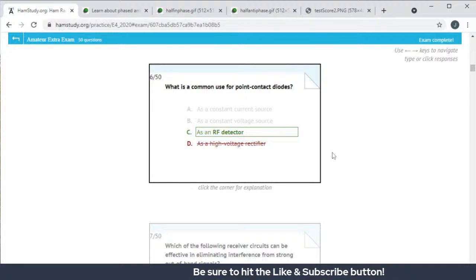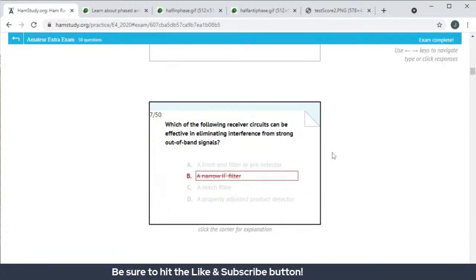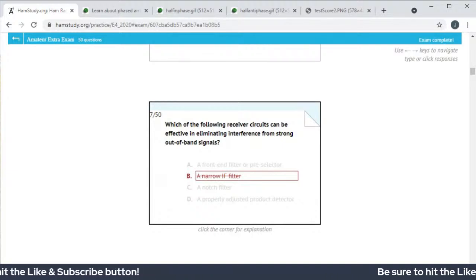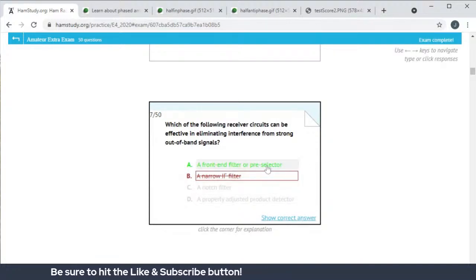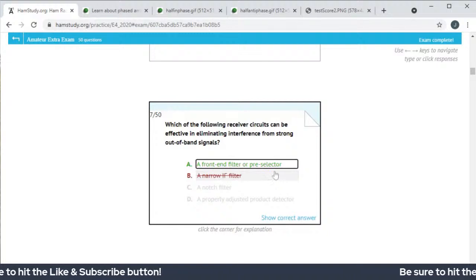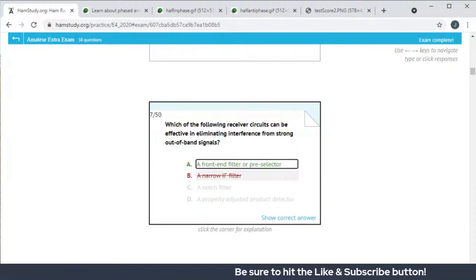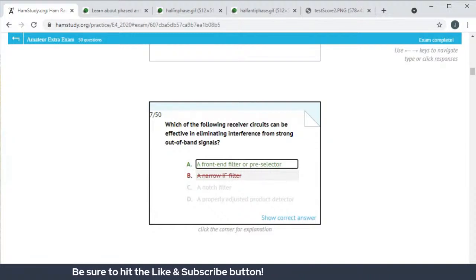Which of the following receiver circuits can be effective in eliminating interference from strong out of band signals? So this is my problem, the same problem I had last week: I can narrow it down between the bad answers.